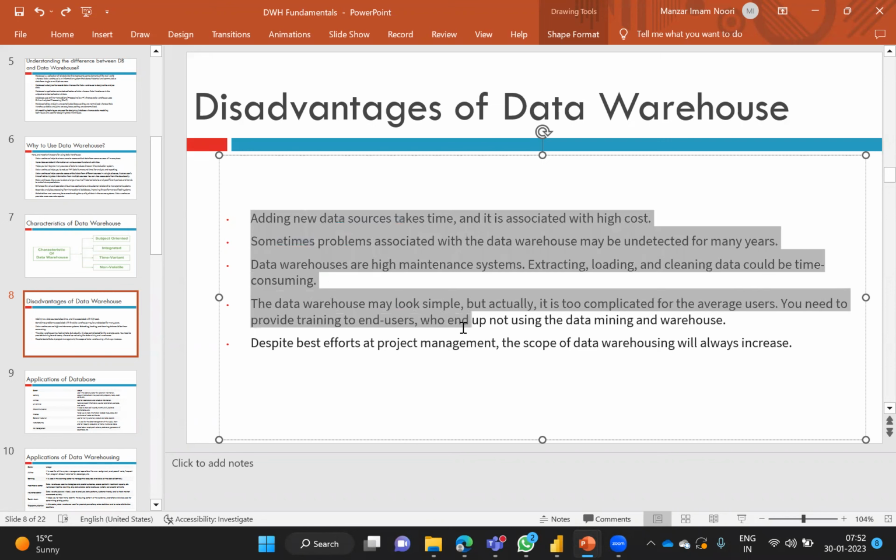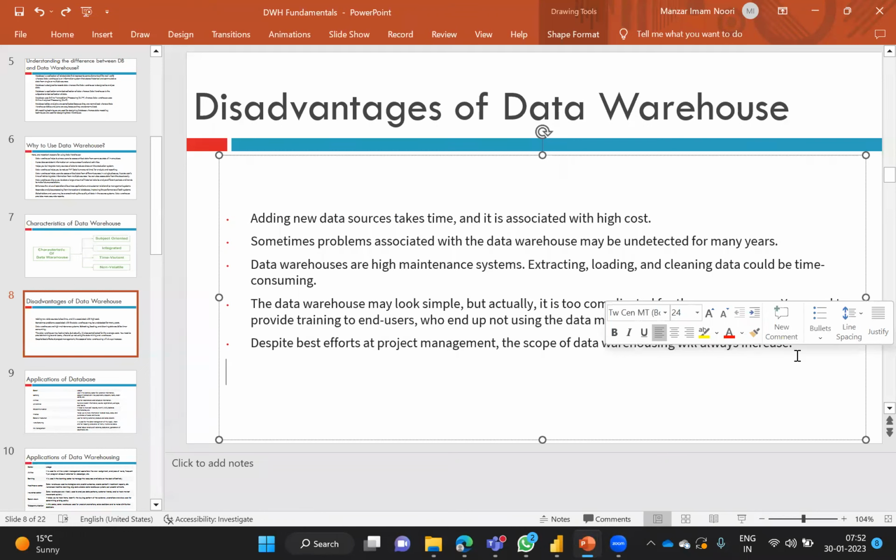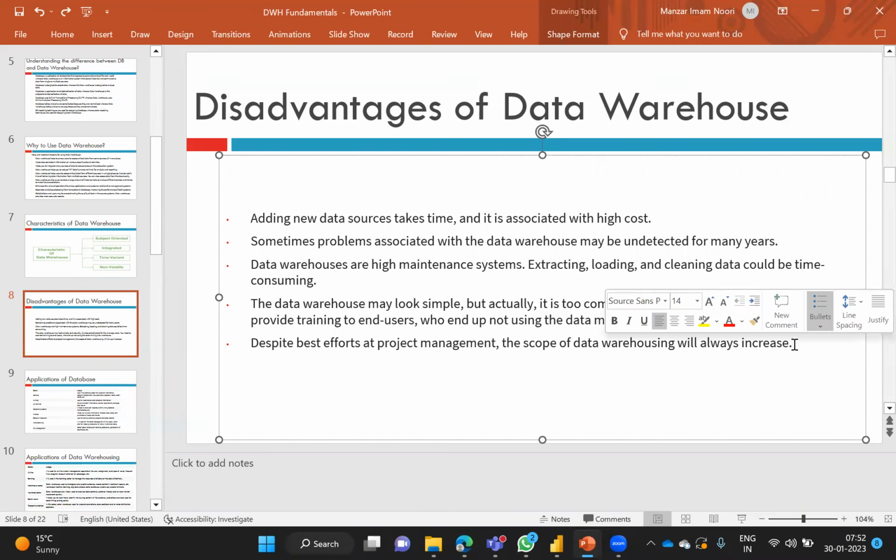For data processing in data warehousing, we use tools like Informatica and DataStage; various tools are there for ETL processing. If you have already seen those tools, you may know that they are complicated.